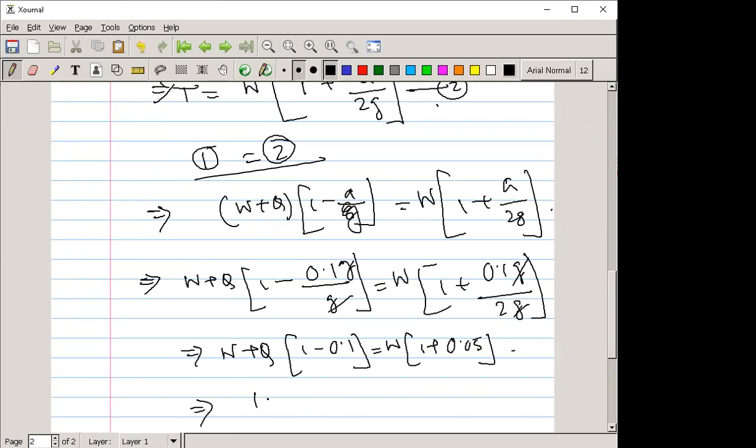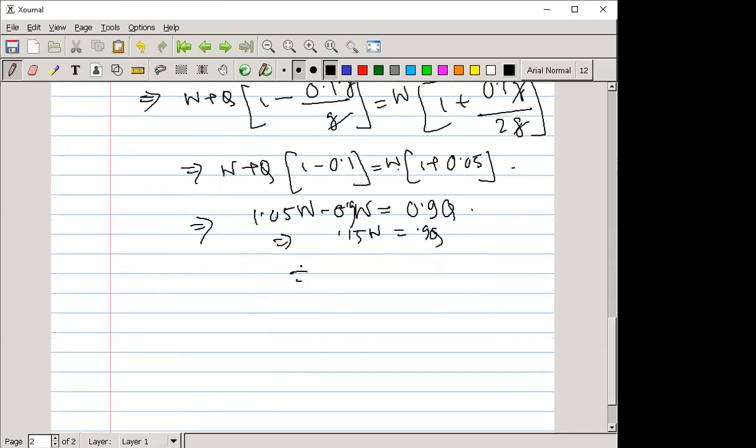So 1.05 W minus W, this is 0.9, so minus 0.9 W is equal to 0.9 of Q. This one 0.9, and 0.05, so 0.15 W is equal to 0.9 of Q. So Q will be 0.15 divided by 0.9 of W, which is nothing but W by 6.